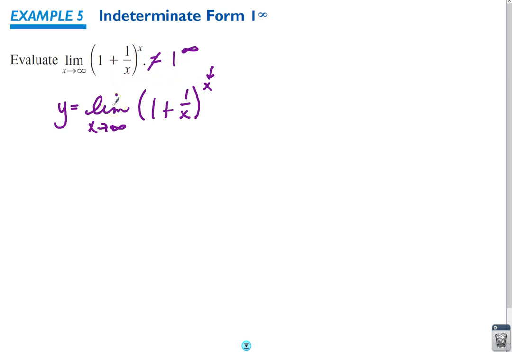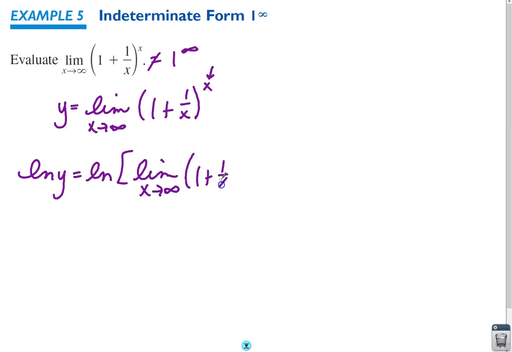So what I can do is take the natural log of both sides. So I can say the natural log of y is equal to the natural log of the limit as x approaches infinity of 1 plus 1 over x to the x. And you're thinking, okay, just bear with me here for a second.